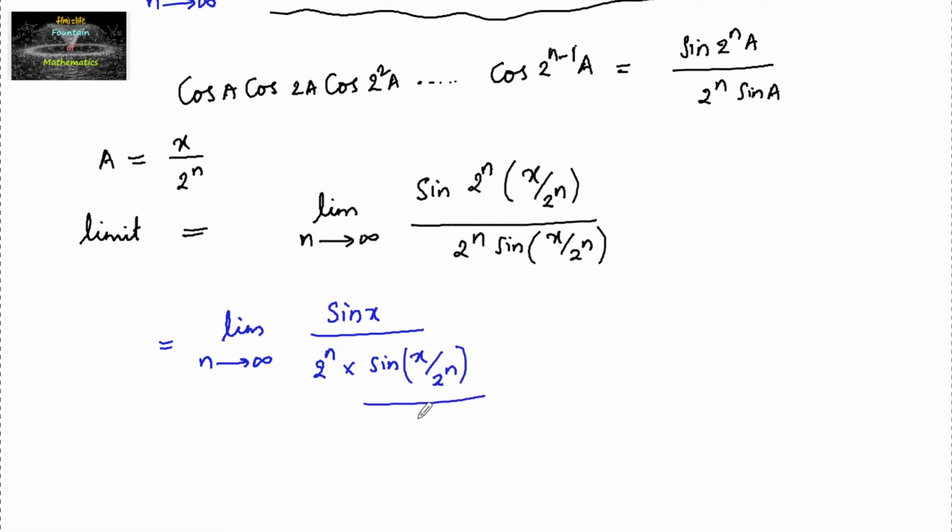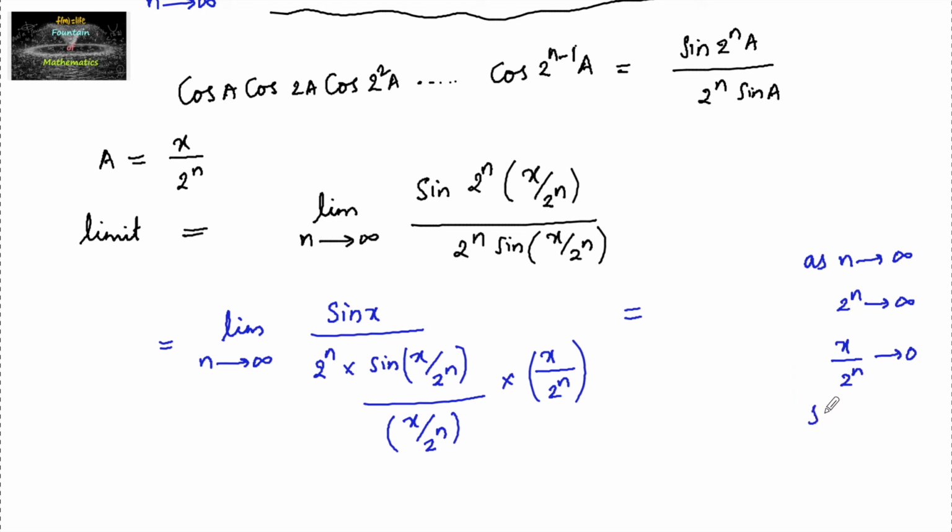So I would like to divide with the same x upon 2 power n and multiply with x upon 2 power n. As n tends to infinity, 2 power n tends to infinity, x upon 2 power n tends to 0.